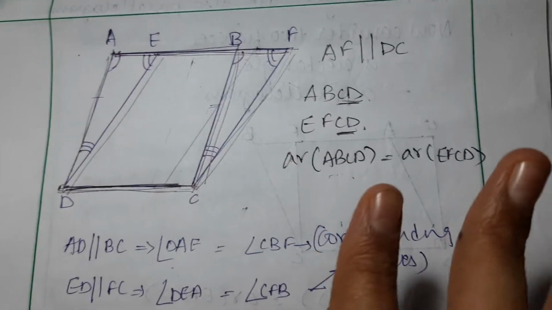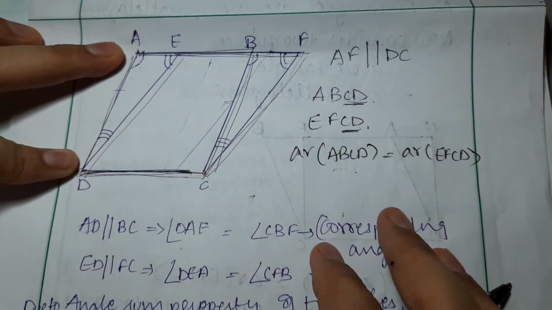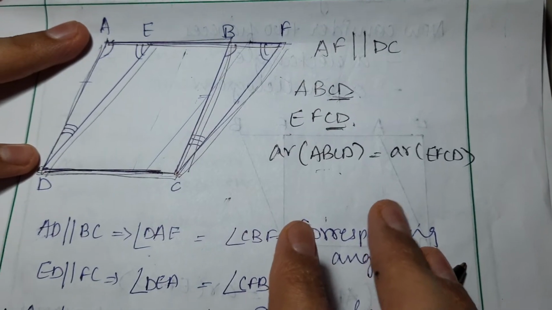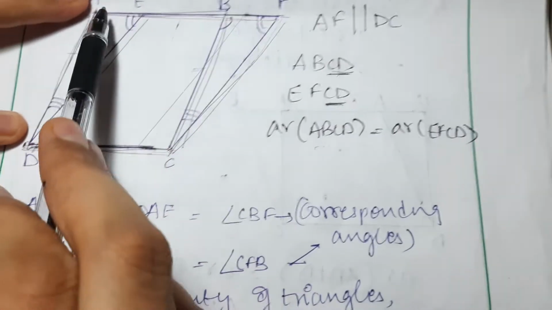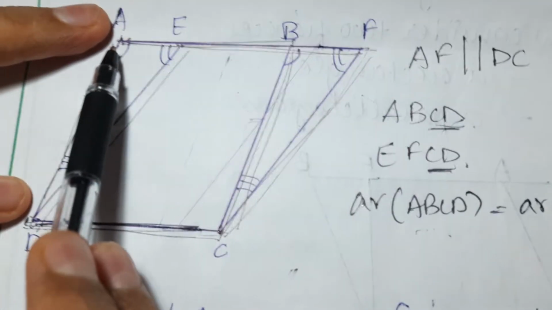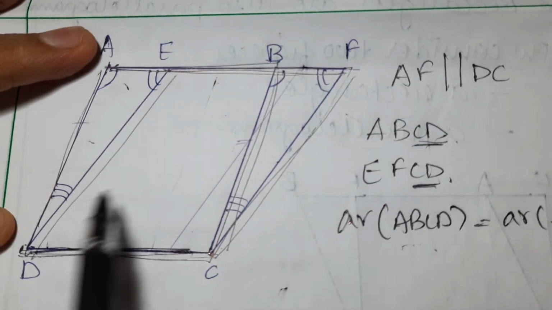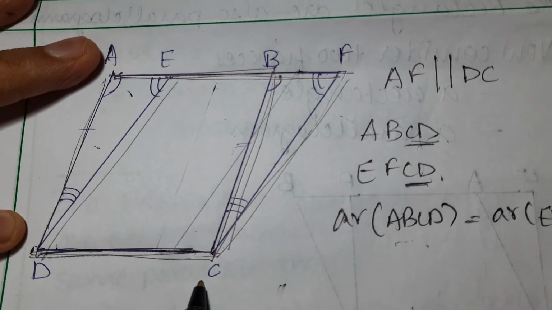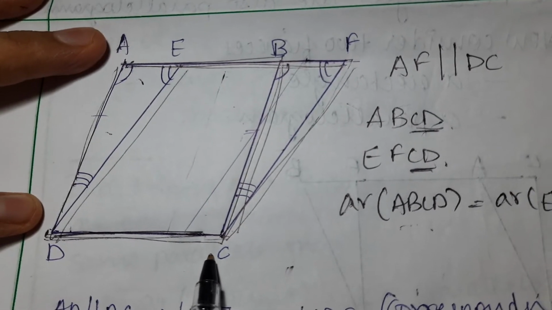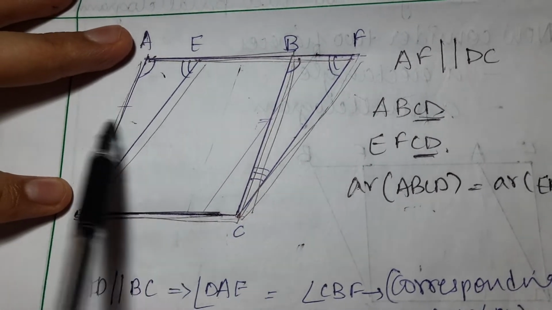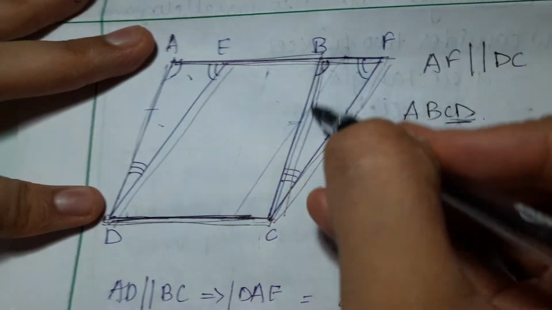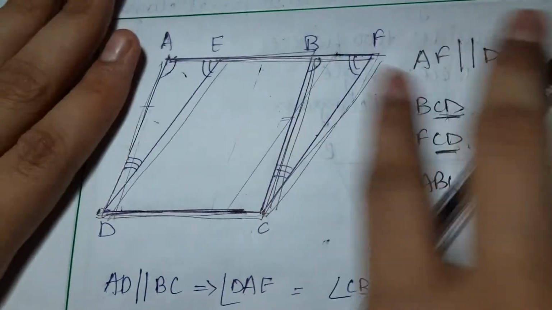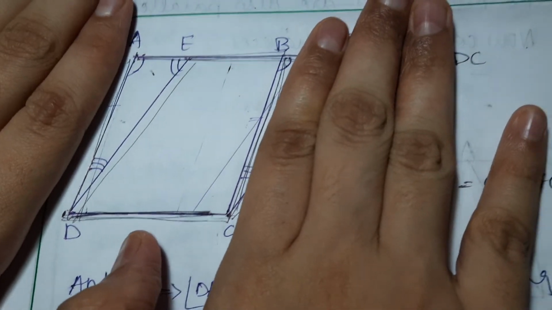See, first let's look at it. ABCD is a parallelogram. What does this mean? Opposite sides are parallel. That means AD is parallel to BC. That is the property of the parallelogram, and opposite sides are equal. Now because AD is parallel to BC, just look at this figure.